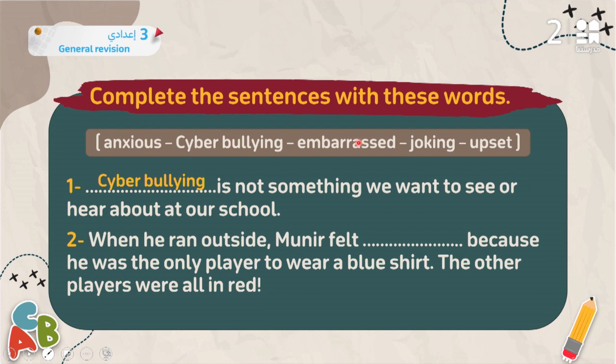The other players were all in red. يعني لما طلع جري برا حس شعر بإيه؟ Feeling. هنا I need a feeling. طيب في feeling هنا ممكن أقول upset ممكن أقول embarrassed. طيب هنا هو إيه شعوره وقتها؟ He was the only player to wear a blue shirt. هو الوحيد اللي كان لابس أزرق. The other players were all in red. كلهم كانوا لابسين أحمر وهو الوحيد اللي طالع لابس لون أزرق. فهو شعوره هنا في الوقت ده كان إيه؟ He felt embarrassed. شعر بالإحراج.